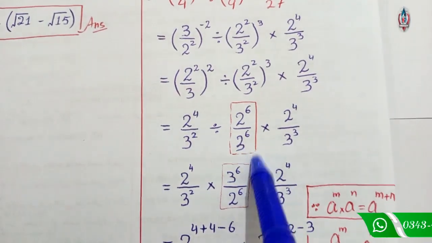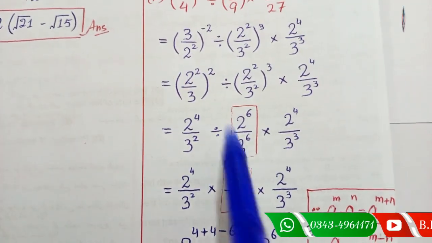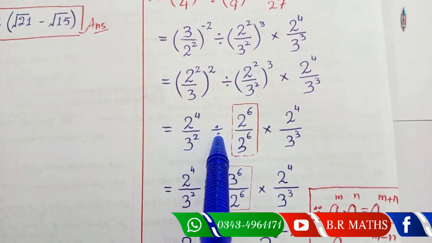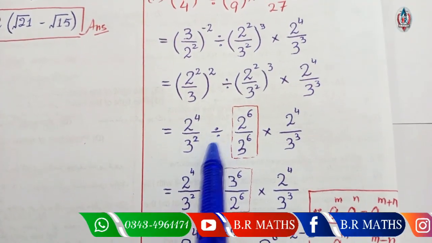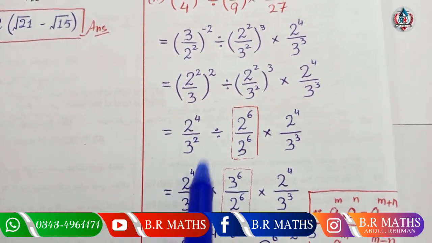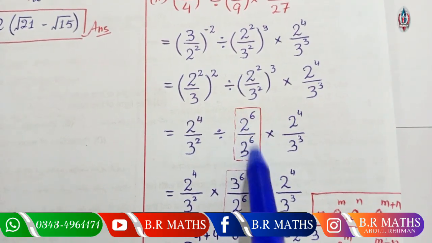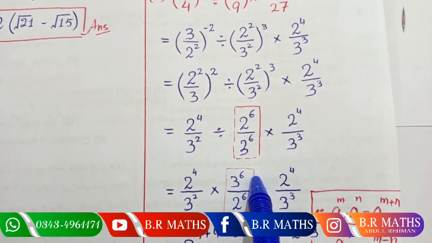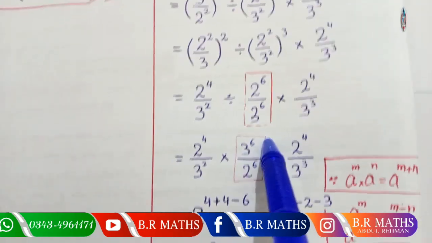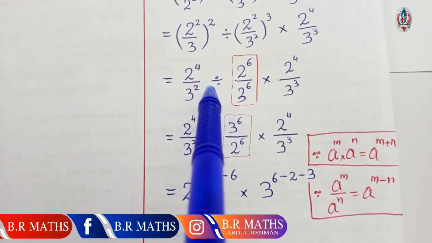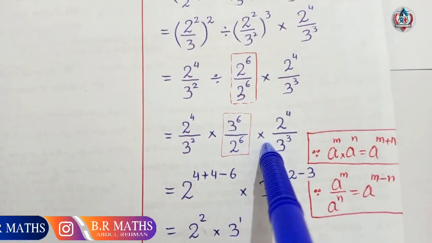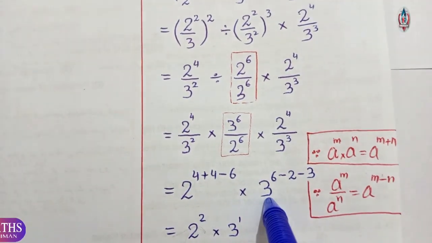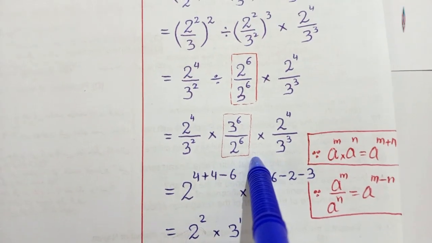And now students, in this step, the divide sign changes into multiply, so take the reciprocal of the next term. When fraction division is present, divide changes into multiply and take the reciprocal of the next term.